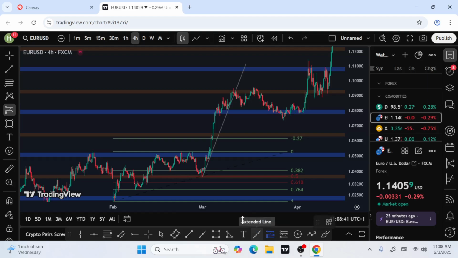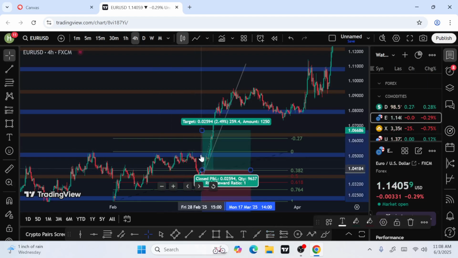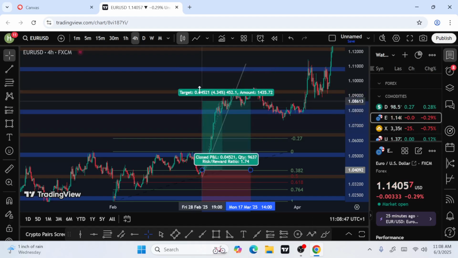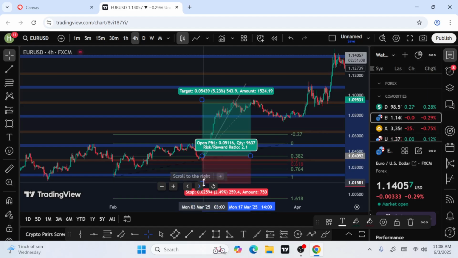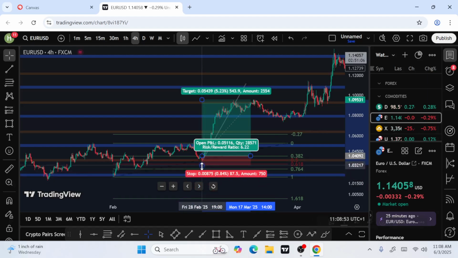So you took the long trade here up to this point, and your stop loss is under the liquidity. 543 pips. This is the amount.